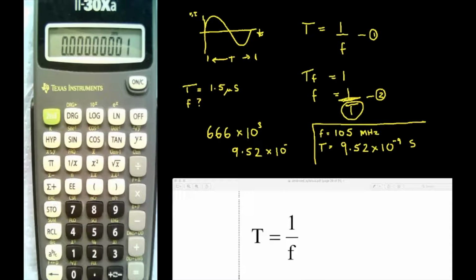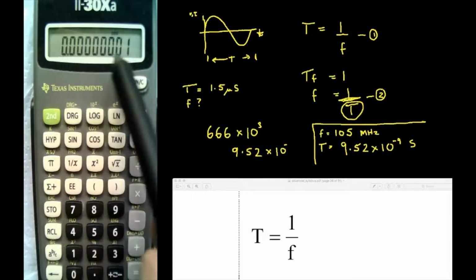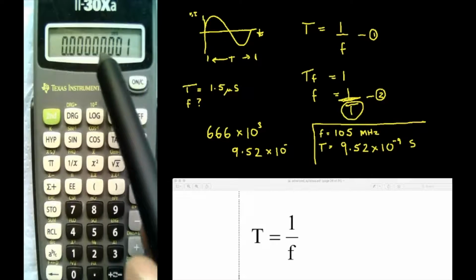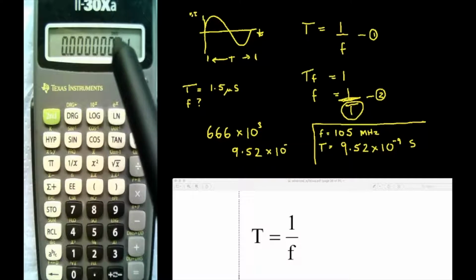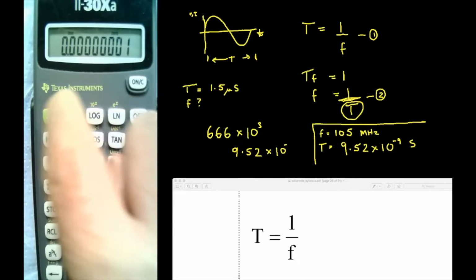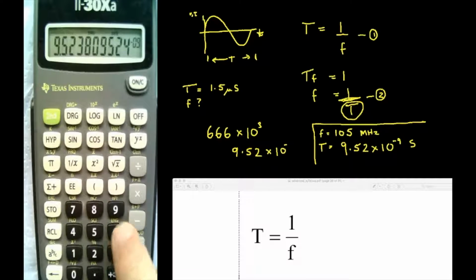It'll give us the wrong answer because it'll do its best. It's rounded it up to 1, but basically there are not enough digits to show the precision that we need in float. This is why, generally speaking, you want to have the thing displayed in engineering notation.